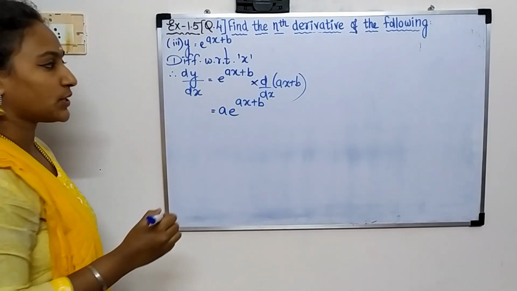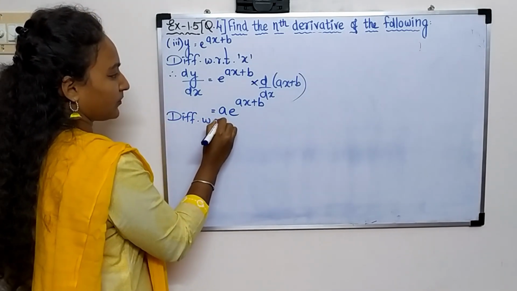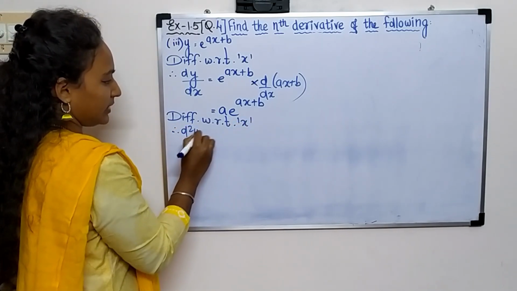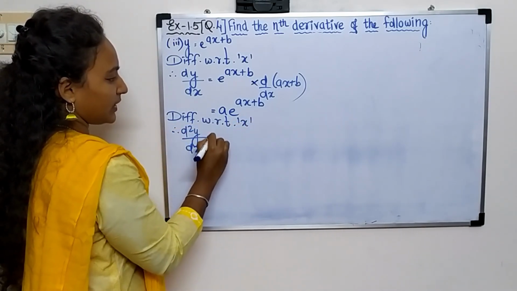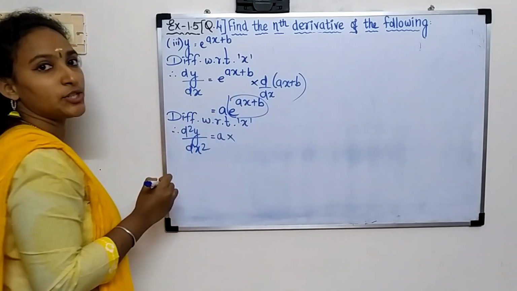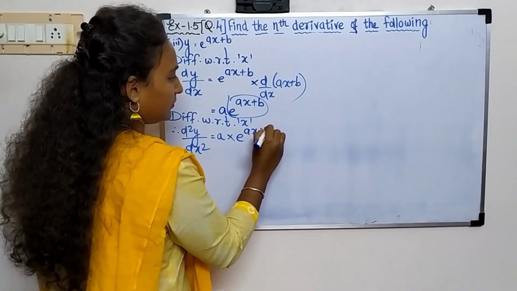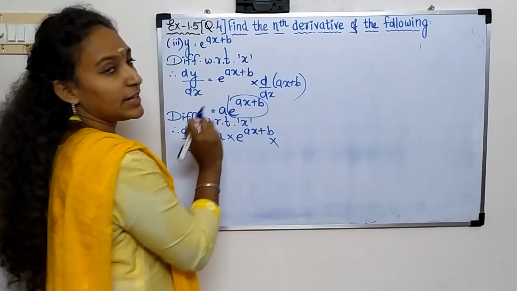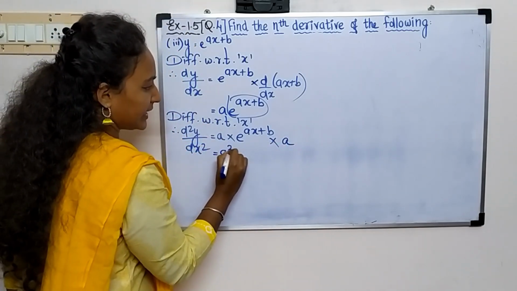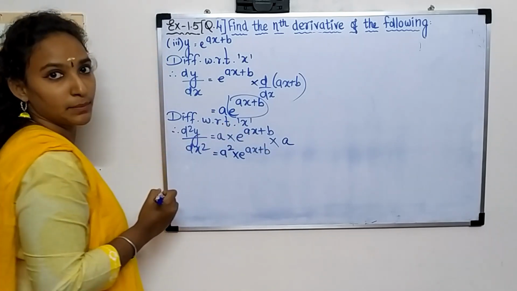Now calculate d square y upon dx square. Therefore, d square y upon dx square is equal to a as it is. Again we have e raised to ax plus b, the derivative will be same, multiplied with the derivative of ax plus b, that is a. So this is equal to a square into e raised to ax plus b.